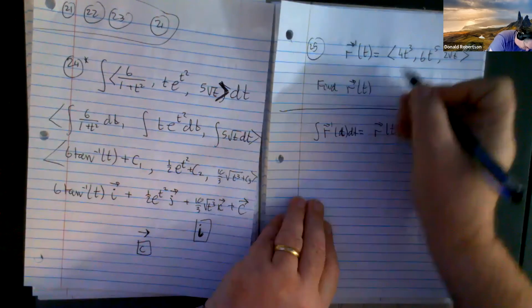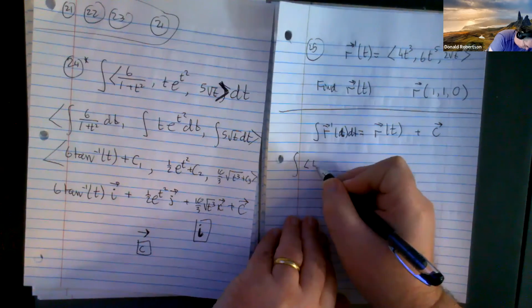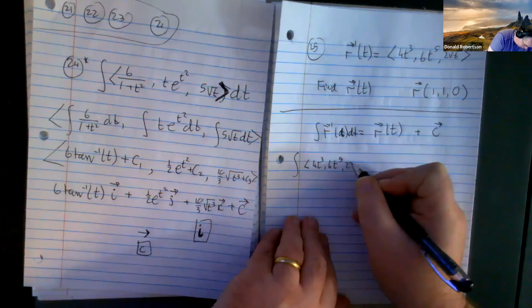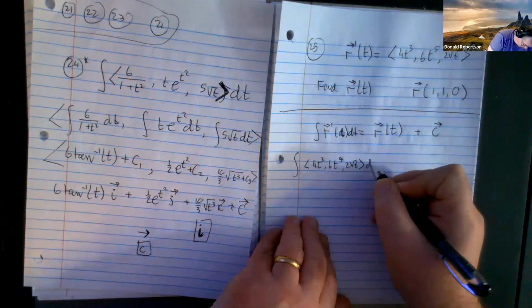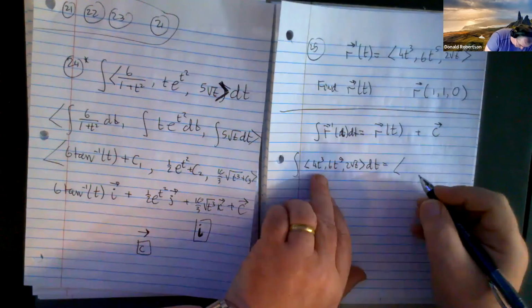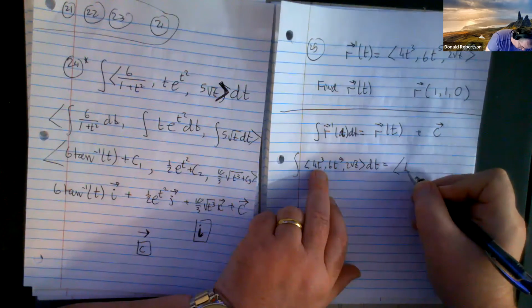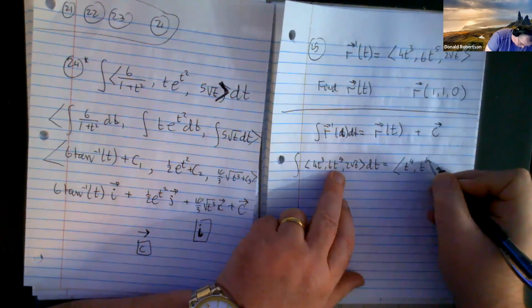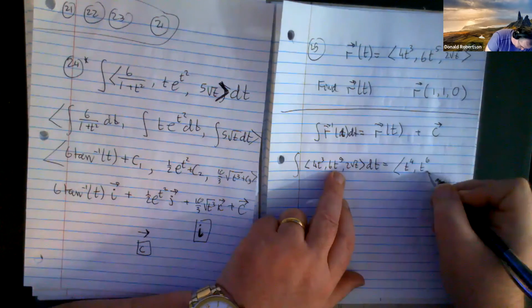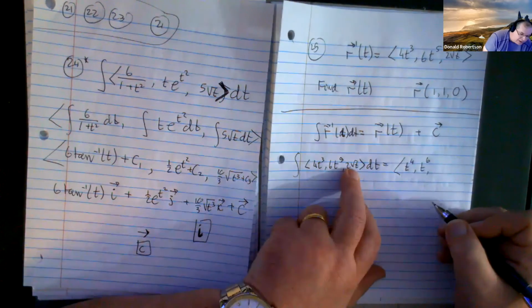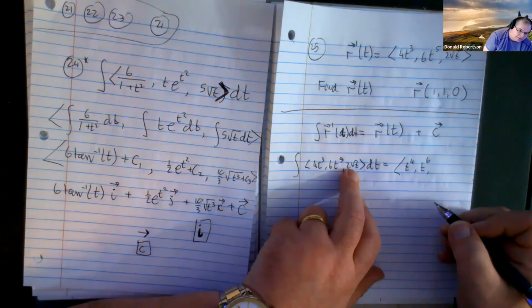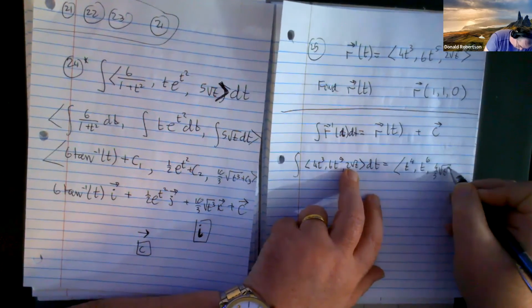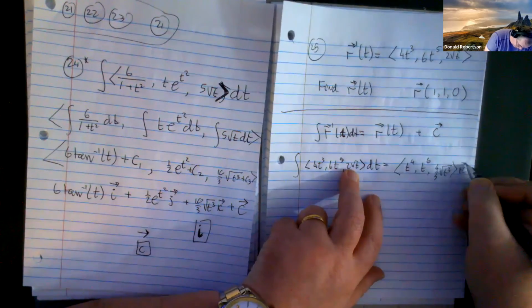If I integrate this function, 4t cubed, 6t to the 5, and 2 square root of t, what do I get? Integrate that guy and you add 1 to the power, divide by the new power. Integrate this one, add 1 to the power, divide by the new power. And t to the half, 3 halves, 2/3, 4/3, square root of t cubed, plus c.